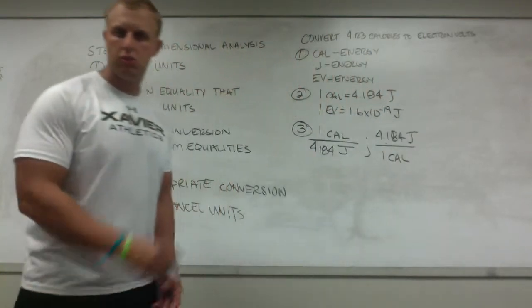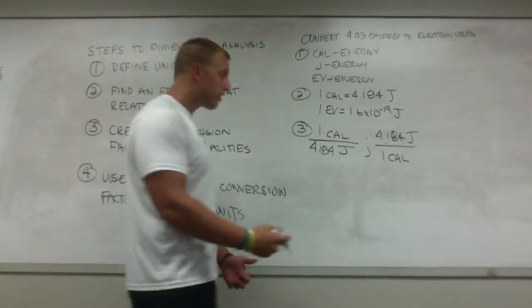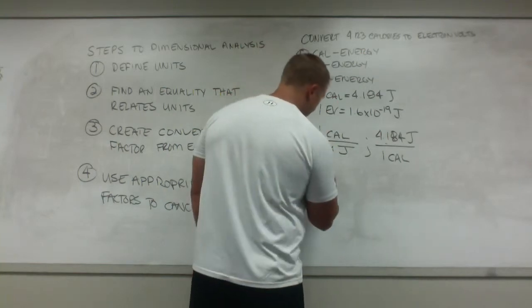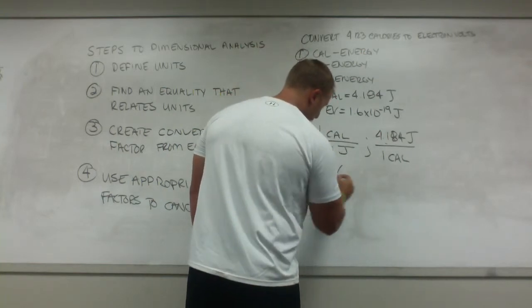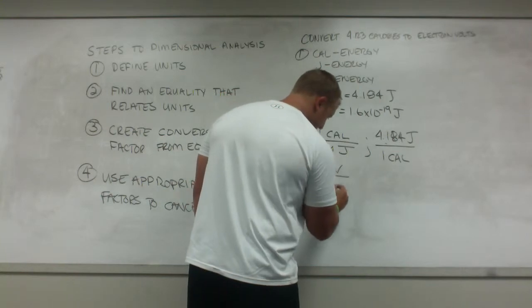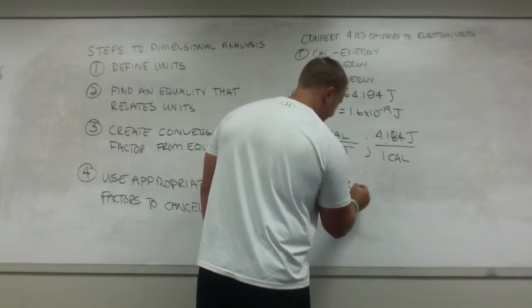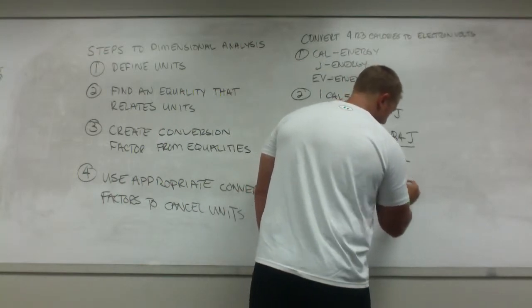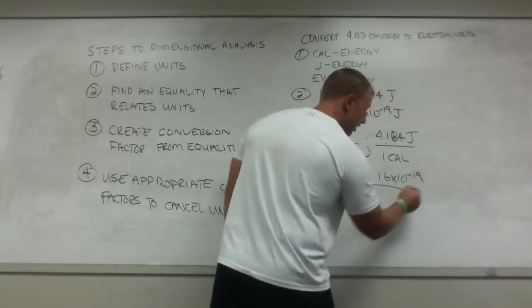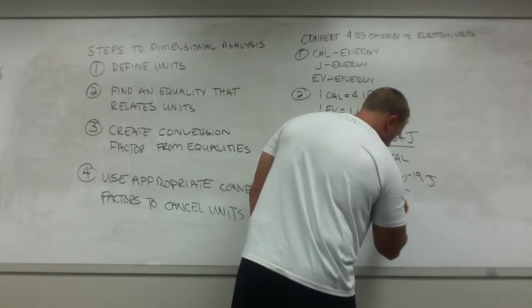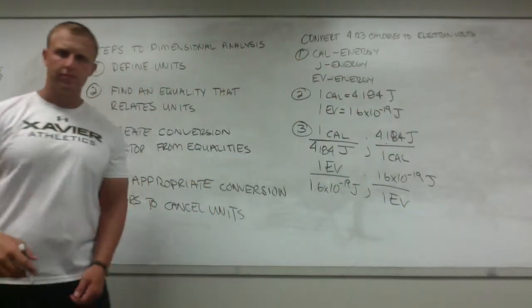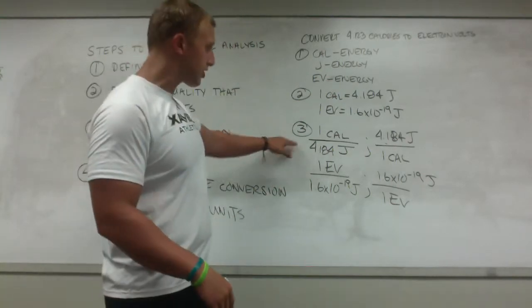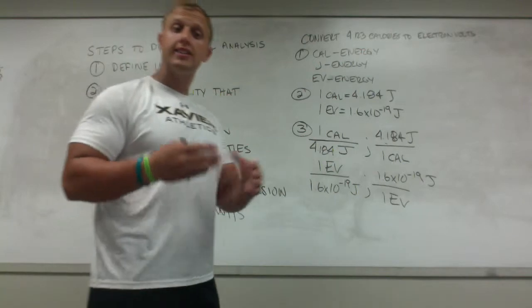Very simple. Also, our other conversion factors from last step: we have 1 electron volt over 1.6 times 10 to the negative 19th joules, and 1.6 times 10 to the negative 19th joules over 1 electron volt. Simple conversion factors. So we know these conversion factors. Now that we've created them, we can see where we're going with this.